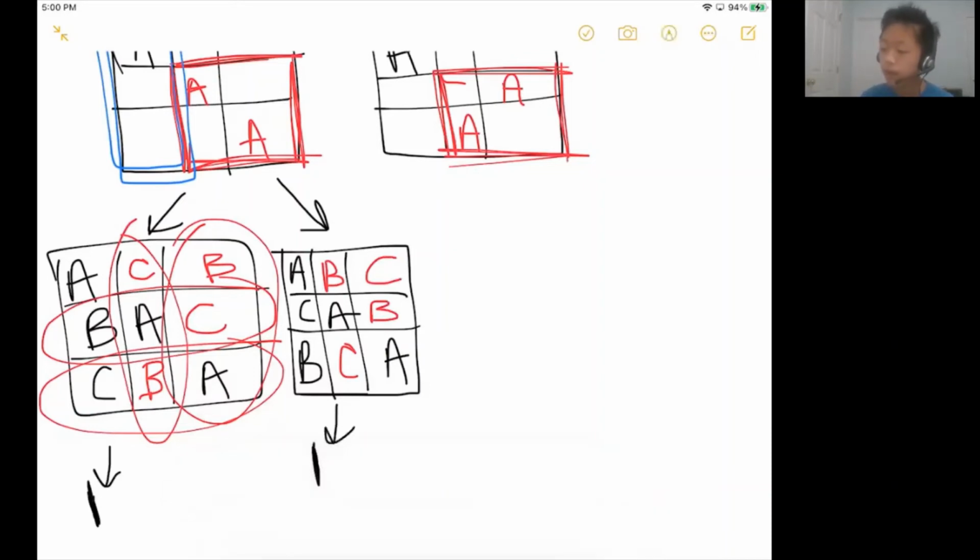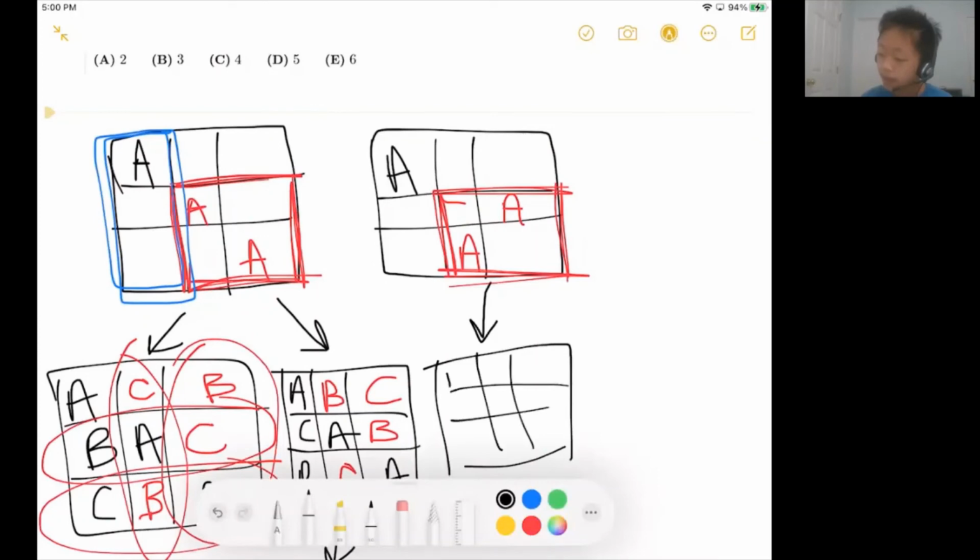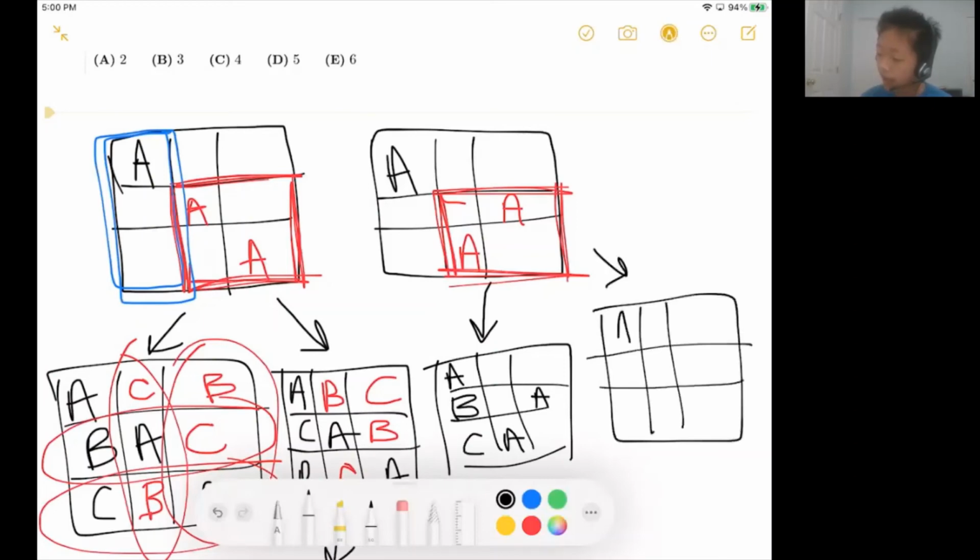And now if we look at this second case back up here, again, we have 2 possibilities. The first possibility is if you have A, B, C like this. And the second possibility is if you have A, C, B like this, right?